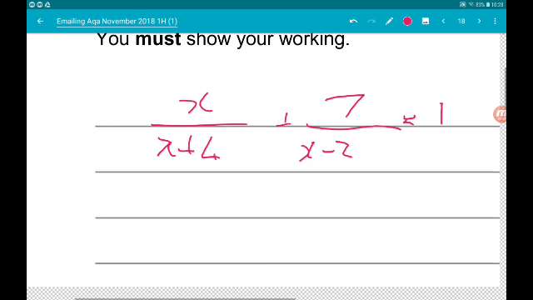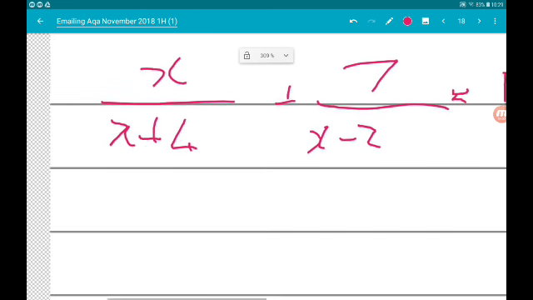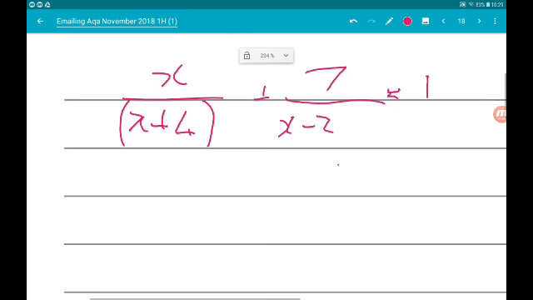Okay, so for something like this, it's really important to remember that a fraction means the top divided by the bottom. So what I'm going to do is get rid of the bottoms of the fractions one by one. So first up, I'm going to multiply through by x add 4.